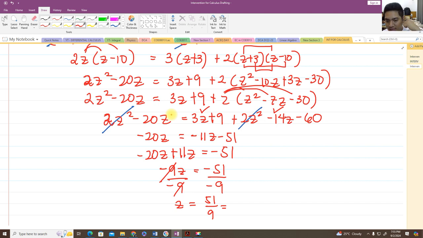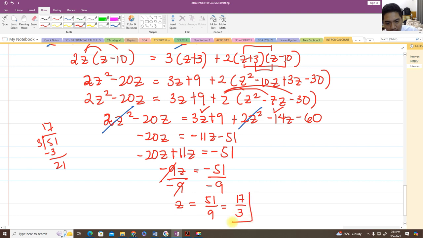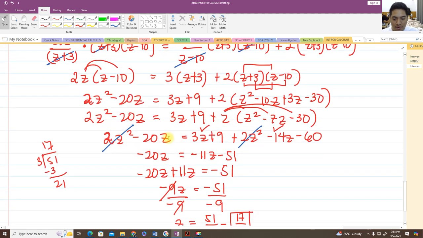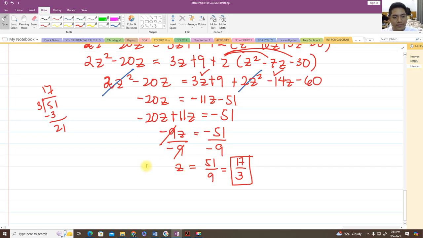So basically, if we divide that, we have 3 and 17. So this would be 17 all over 3. So that will be your value of z for this given problem. 17 all over 3 for number 4.